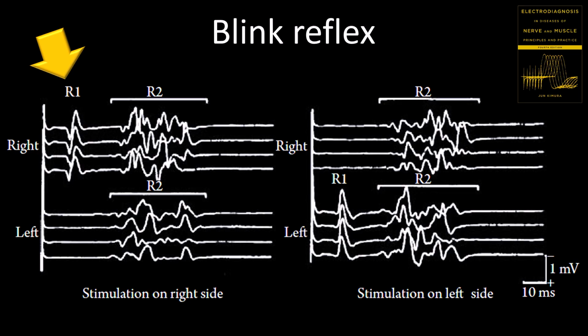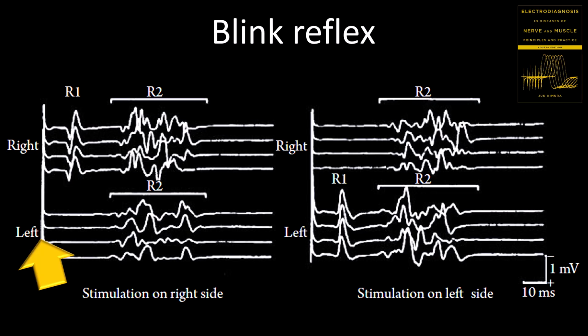We refer to this wave as response number 1 or R1, followed shortly after by a second polyphasic potential to which we refer to as R2 ipsilateral. R2 ipsilateral has a lower threshold than R1, hence R2 ipsilateral appears at lower stimulus intensity than R1.